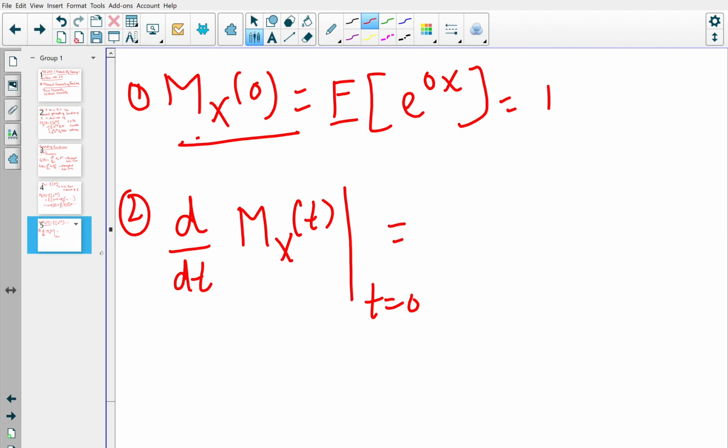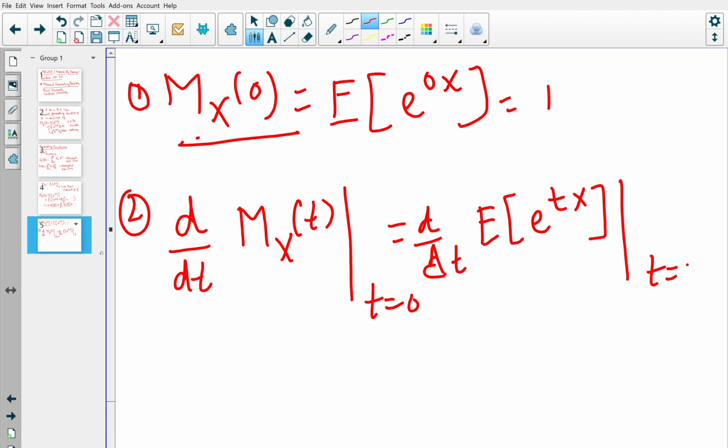You have d/dt of the expectation of e power tX, evaluated at t equal to 0. We know that expectation and derivative can be interchanged.